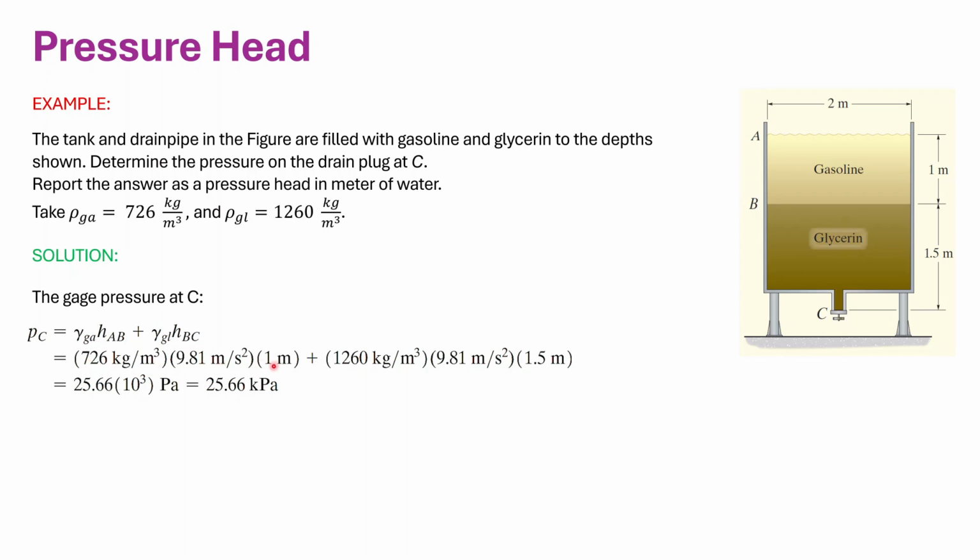So rho G times HAB, which is 1 meter, plus rho of glycerin, 1260, times G, which gives gamma, times the height HBC from here to here. The answer is 25.66 kilopascals. So pressure at C equals 25.66 kilopascals.